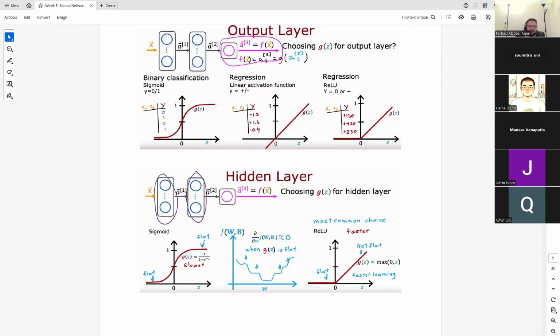It's not smooth, right? It's like a stair. But for this one, the gradient descent is smooth. You can take a baby step and directly come to the minimum or optimum point. That's why ReLU is faster than the sigmoid function.